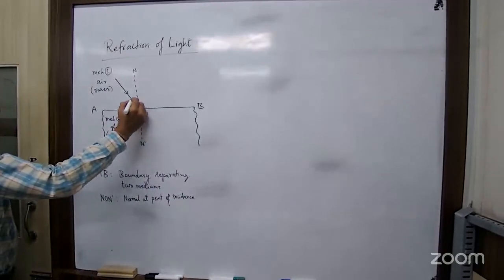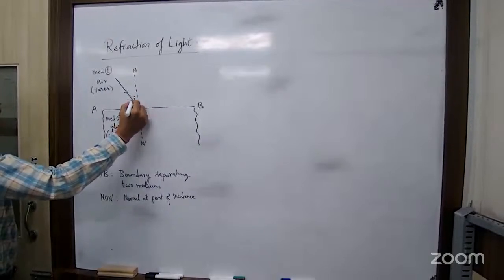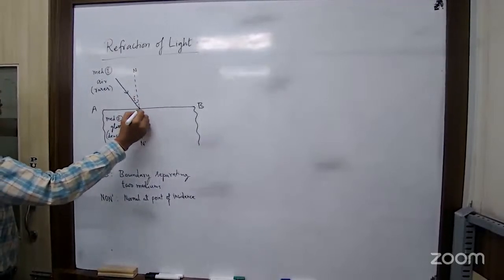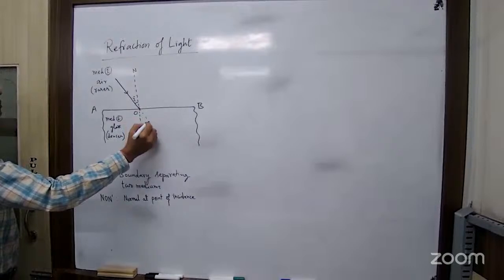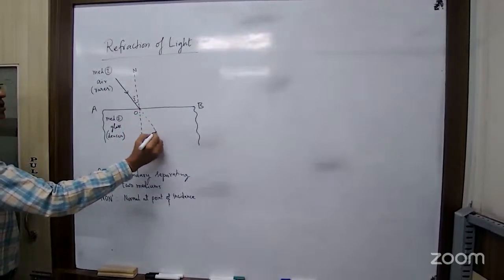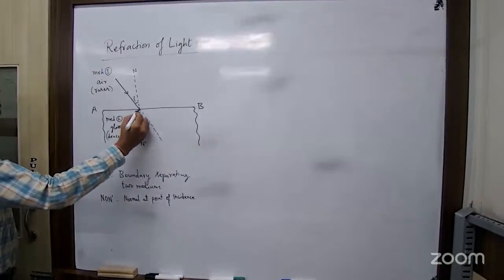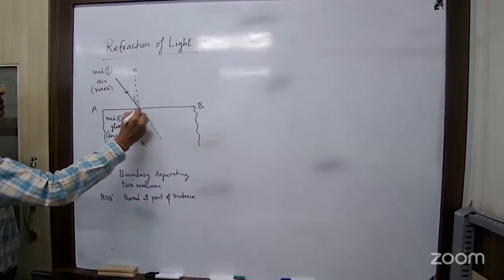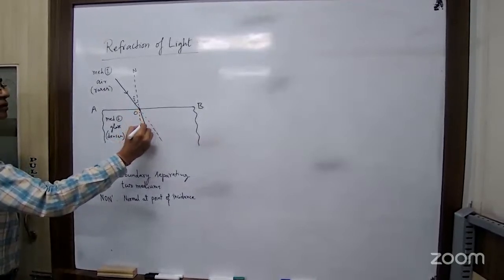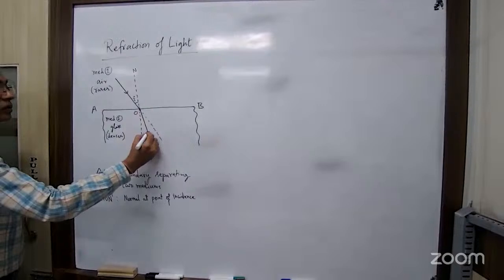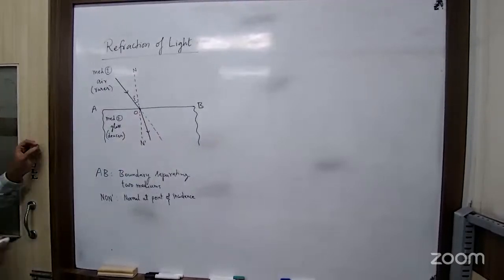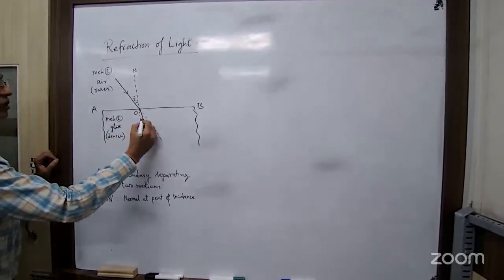Now, this angle is called the angle of incidence. This was the original direction. It is observed that the path of light in the denser medium bends towards the normal.